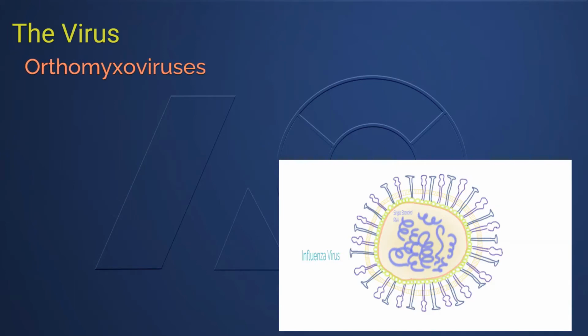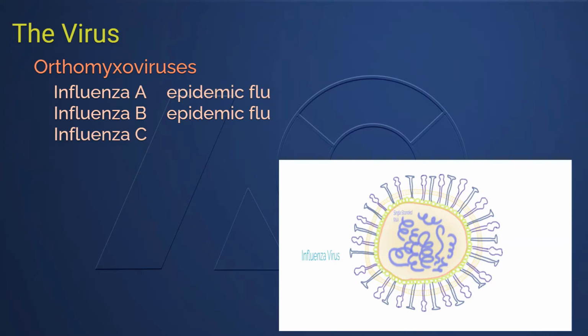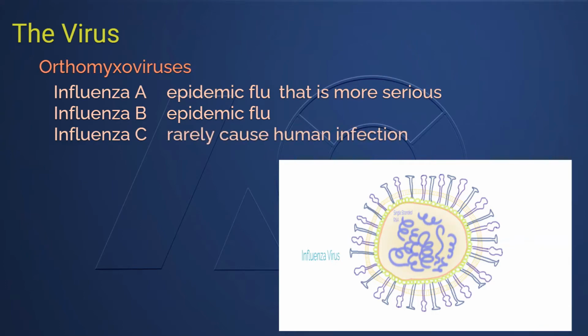In this single-stranded RNA viral family, there are 4 major genera, including 3 important types of influenza viruses: influenza A, B, and C. Human influenza A and B are the causative agents for epidemic flu. While influenza virus A tends to cause more serious infection than influenza virus B, influenza C rarely causes human infection.